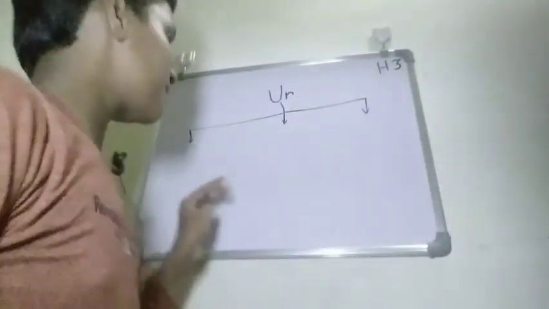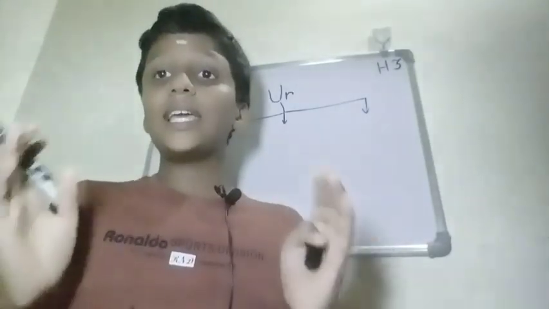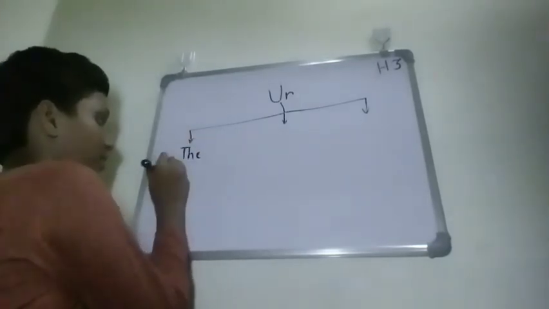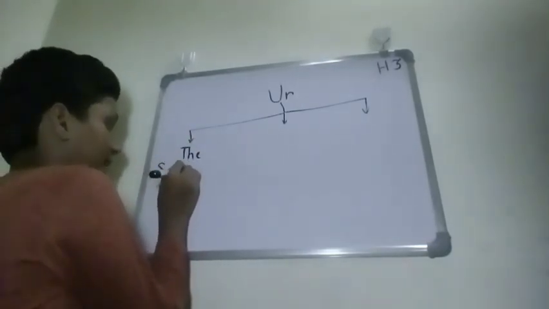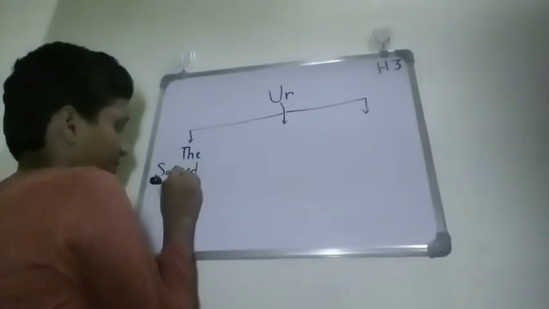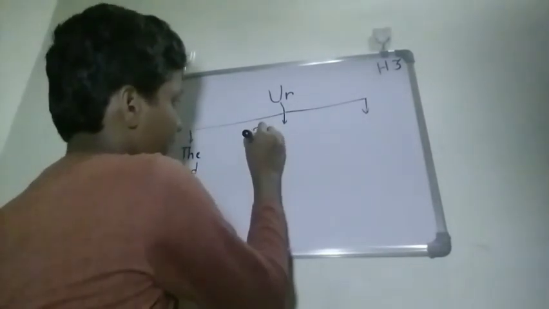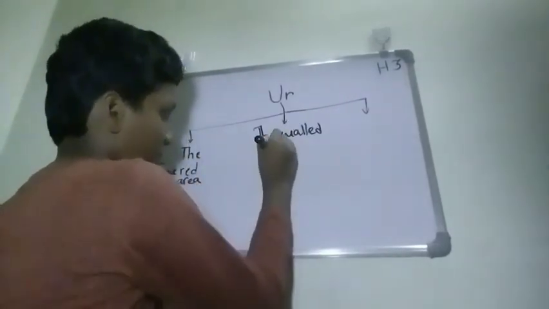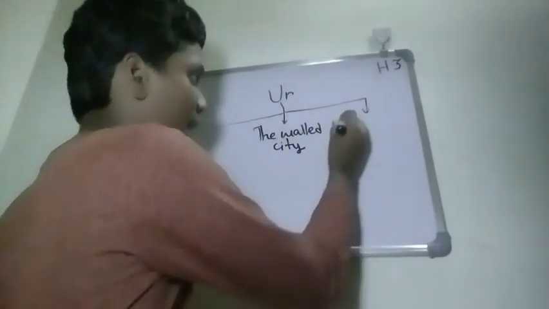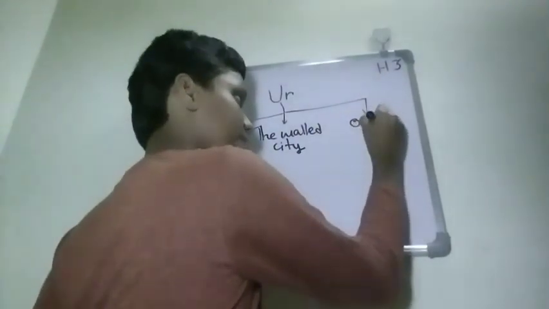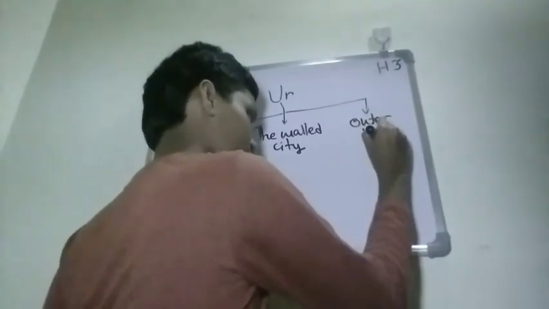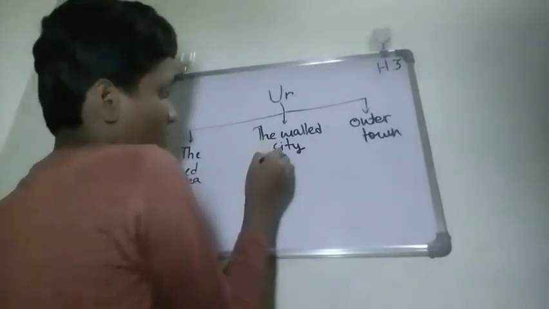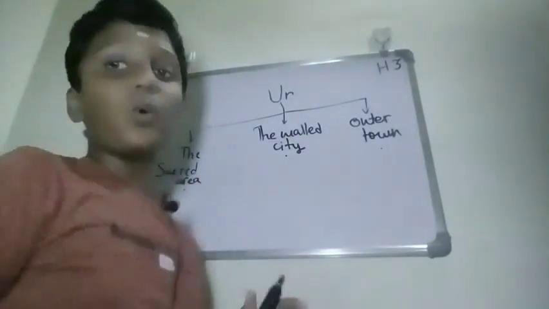The Sumerian city of Ur was divided into three parts: the sacred area, the walled city, and the outer town.